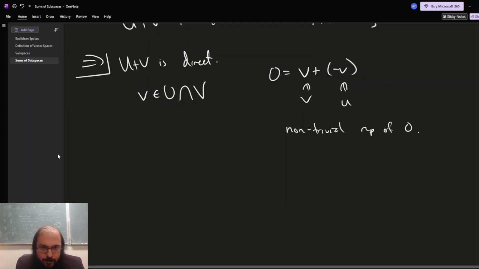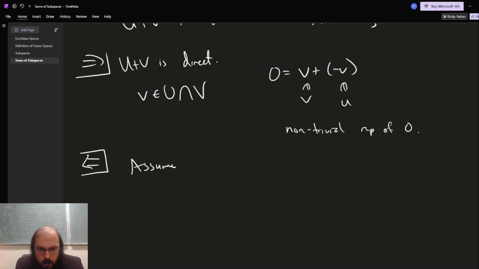Let's go the other way. We assume that the intersection consists only of 0. And now I need to prove that the sum is direct. So let's say I take any two elements just in U and V respectively.